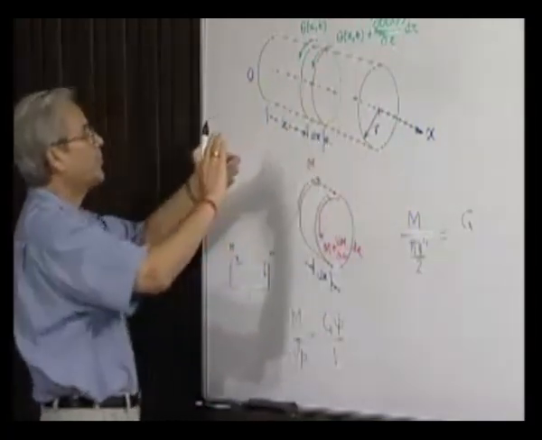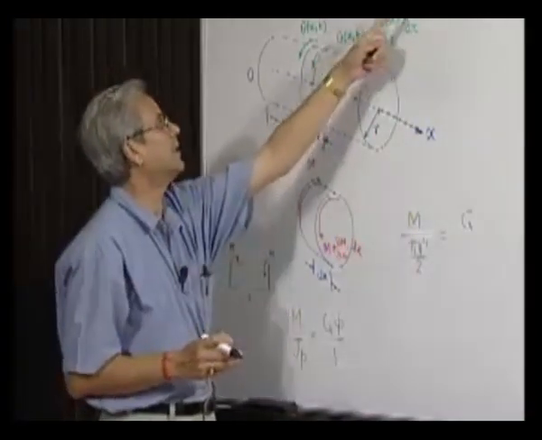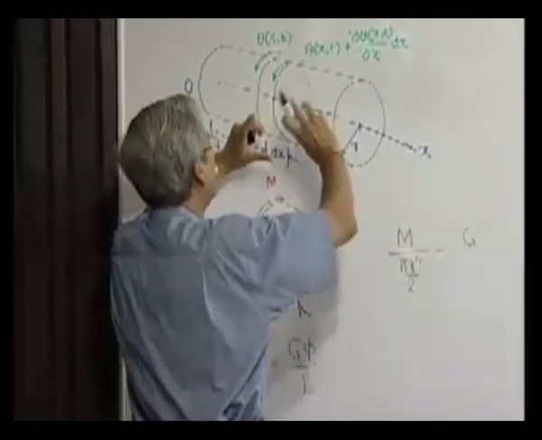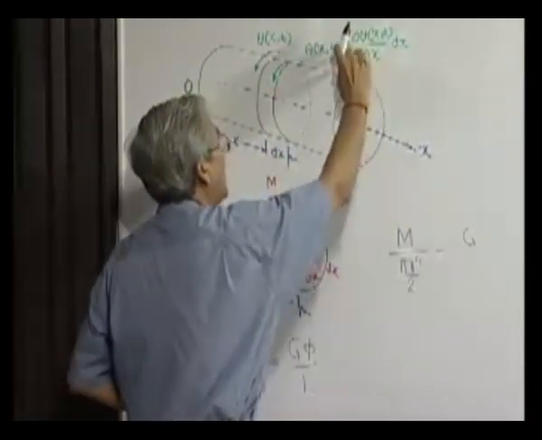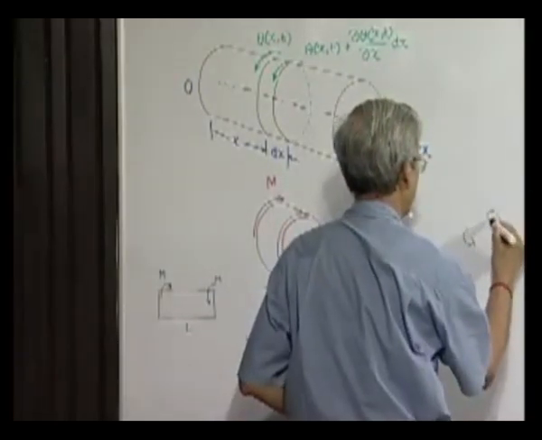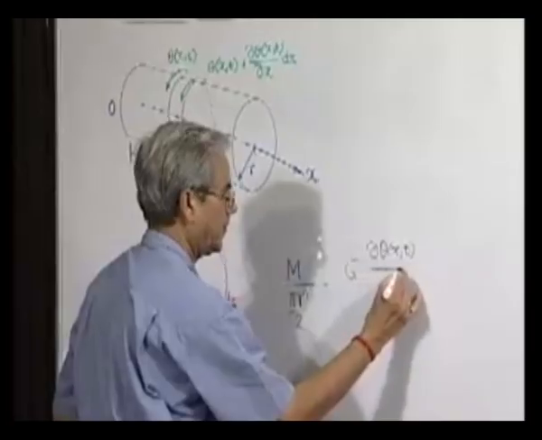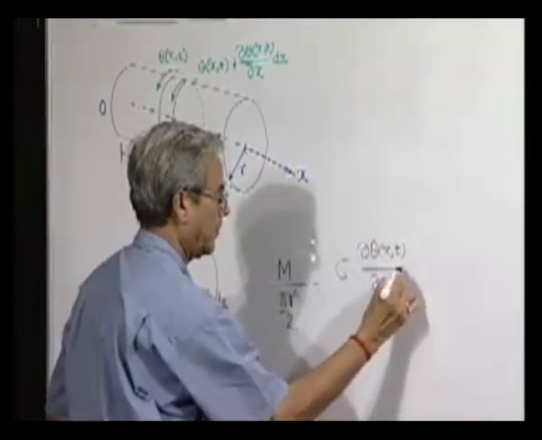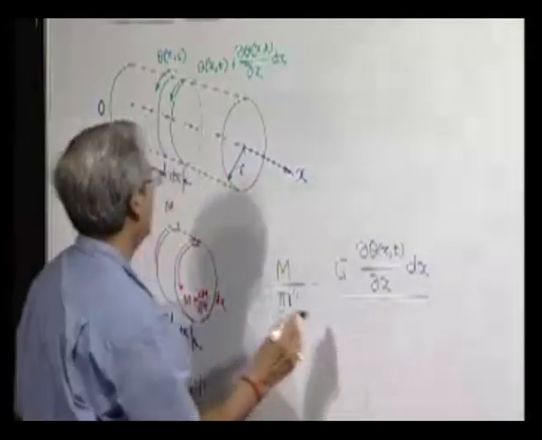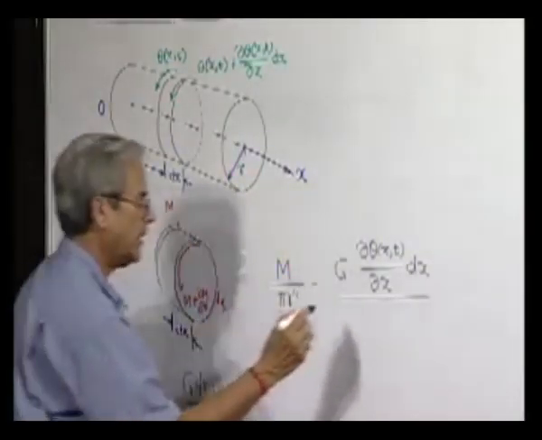So the amount of twist of this elemental shaft is nothing but that extra something. Otherwise, it is having a rigid body rotation like theta and then an extra amount. So this is the amount of twist, and that will take the place of phi. The length of the element of shaft here is nothing but dx.